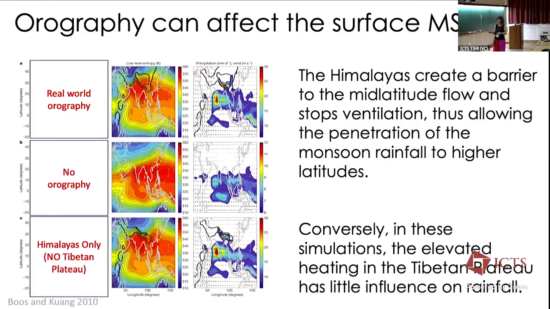And their result is very similar to the full mountain experiment, right? So you get back your MSE max and you get back your expansion to the north of the rainfall. Okay.